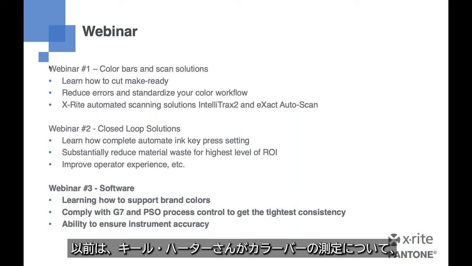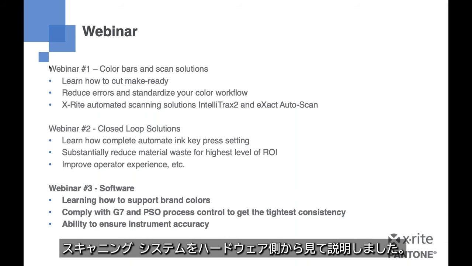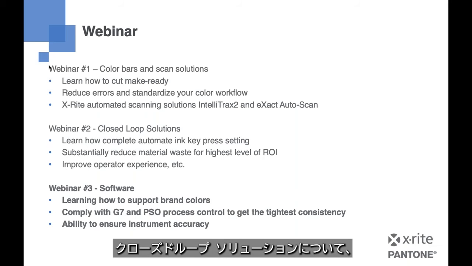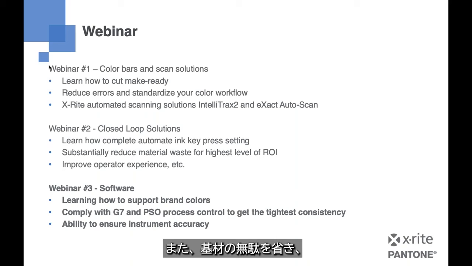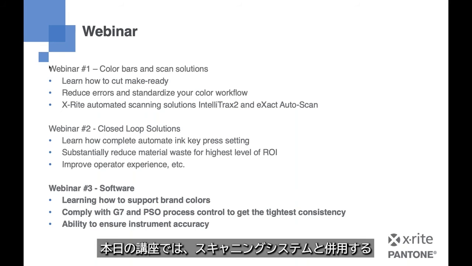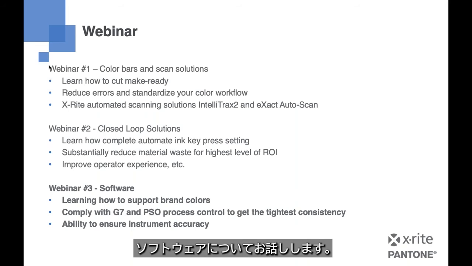As Robert mentioned, this is the third webinar in our series of webinars. Before, Kiel Harder covered how to do color bars and covered more the hardware side of our scanning solutions, and then Scott Herrick spoke about closed loop solutions and how you can save material waste and time with those solutions. The webinar I'm covering today is mainly about the software which is used with the scanning solutions.